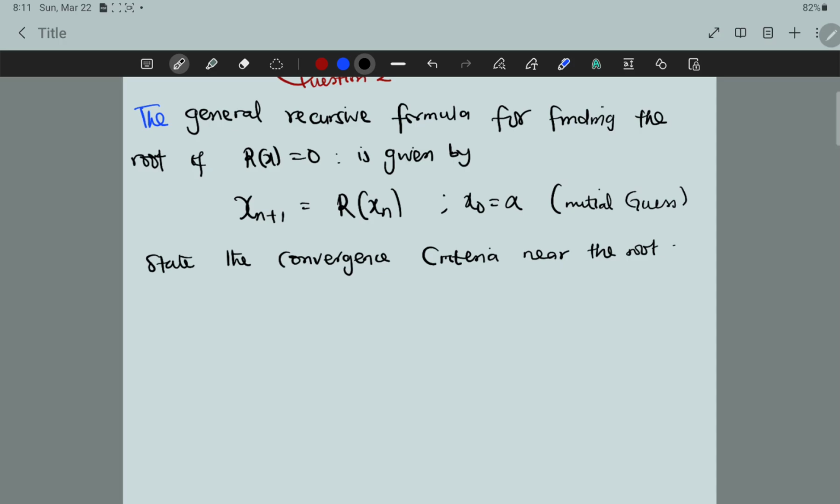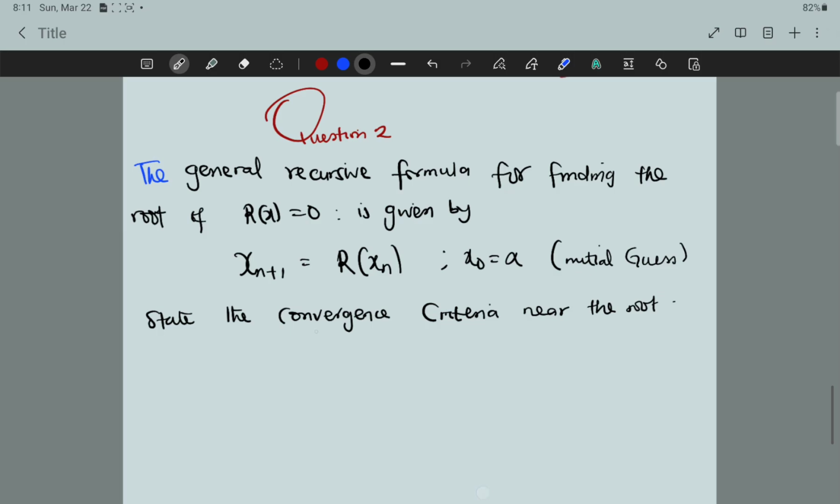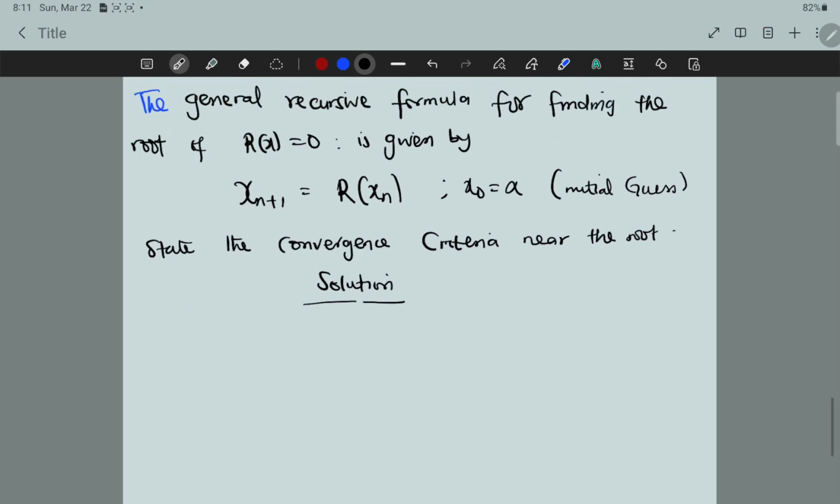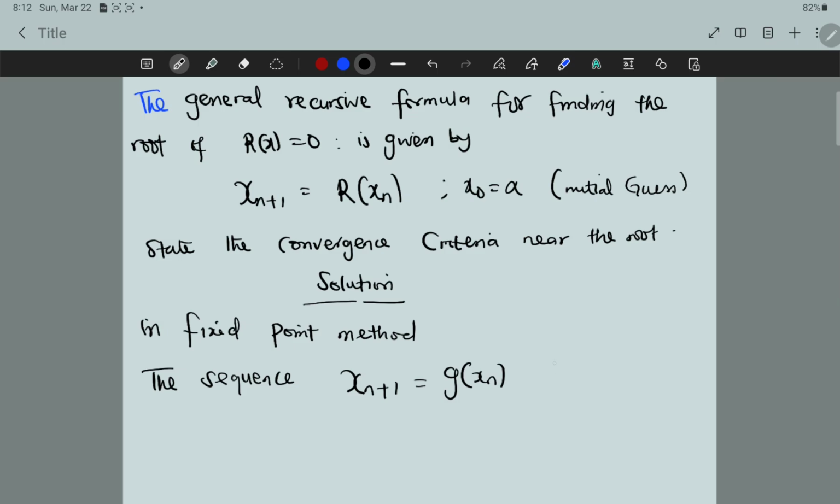That's a very interesting question. Now this brings us back to the fixed point method. The solution to this is that we are talking about the fixed point method. In the fixed point method, we discover that the sequence x_{n+1} is always equal to g of x_n, and then it converges.